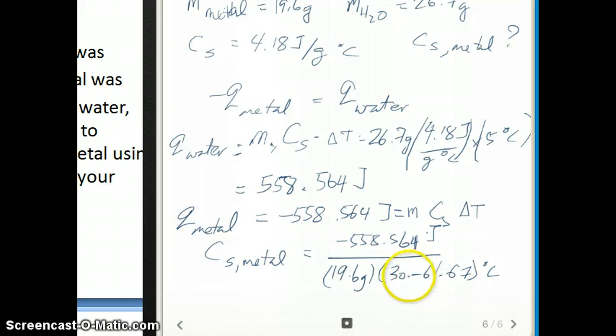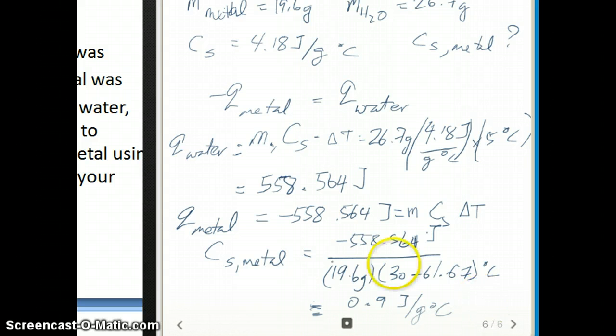If you make this calculation, you see that you're going to get a negative number here, but that negative number will cancel with the negative sign at the top, so overall you get a positive number, because remember that the specific heat has to be a positive number, okay? And if you make that calculation, what you get is around 0.9 joules per gram degree Celsius.